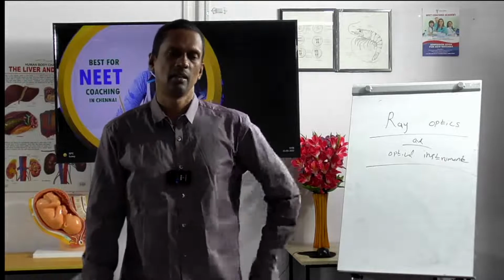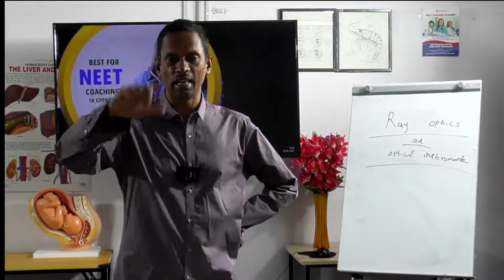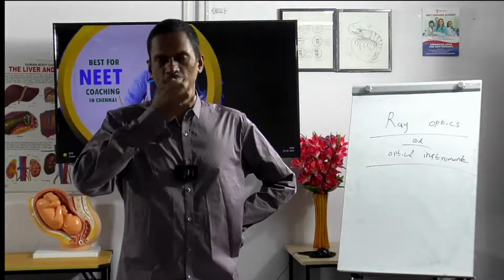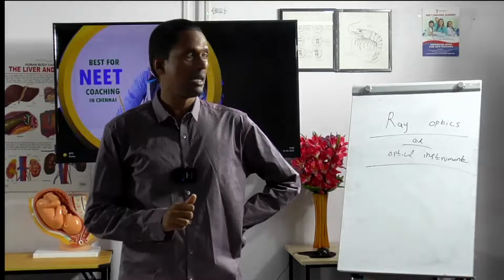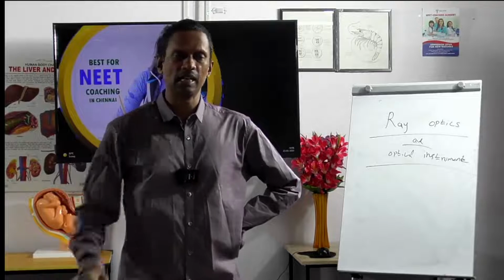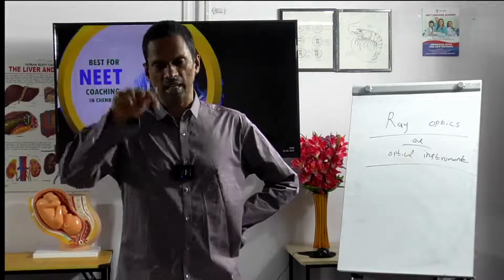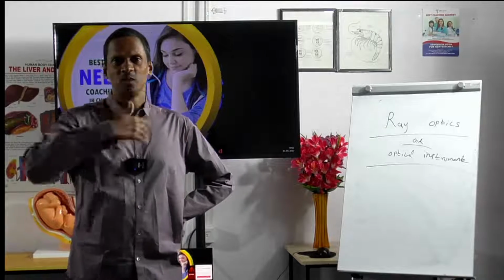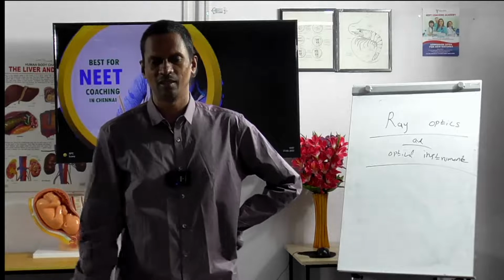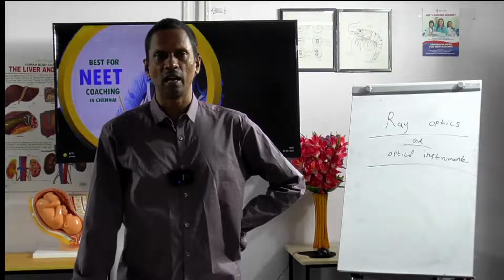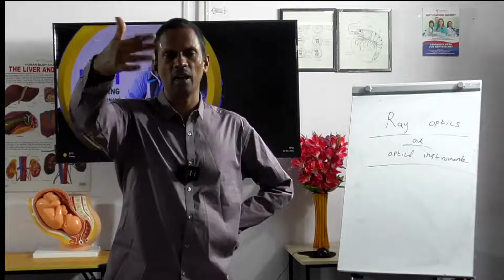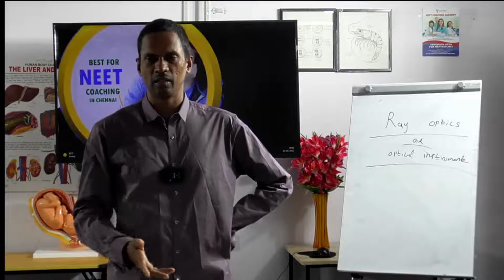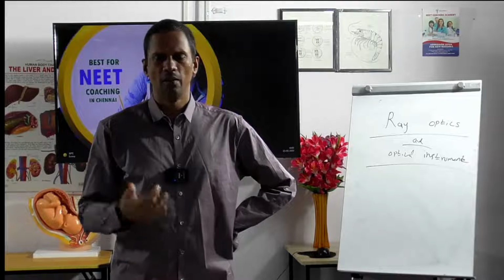That is U. The distance between the lens and the image is V. R is from the center of the lens to the image, not the wall. You can easily visualize it. The wall is just a place where we are going to get the image. It's a very simple explanation.